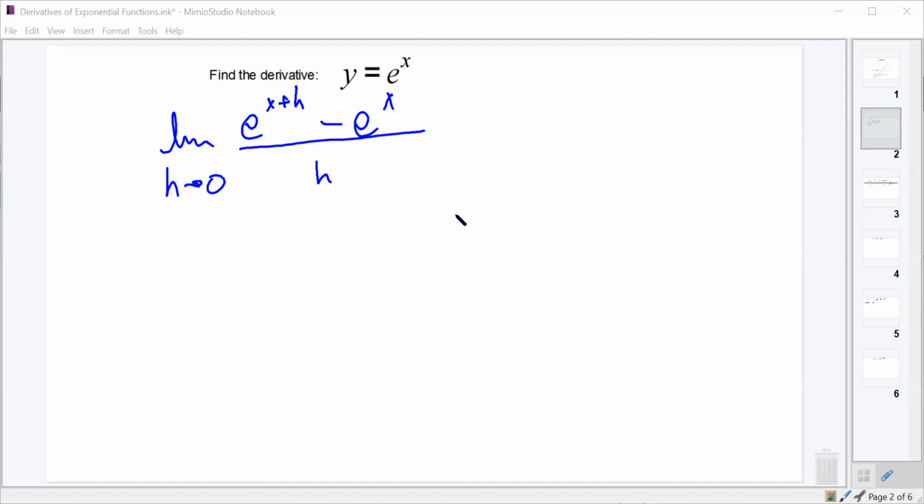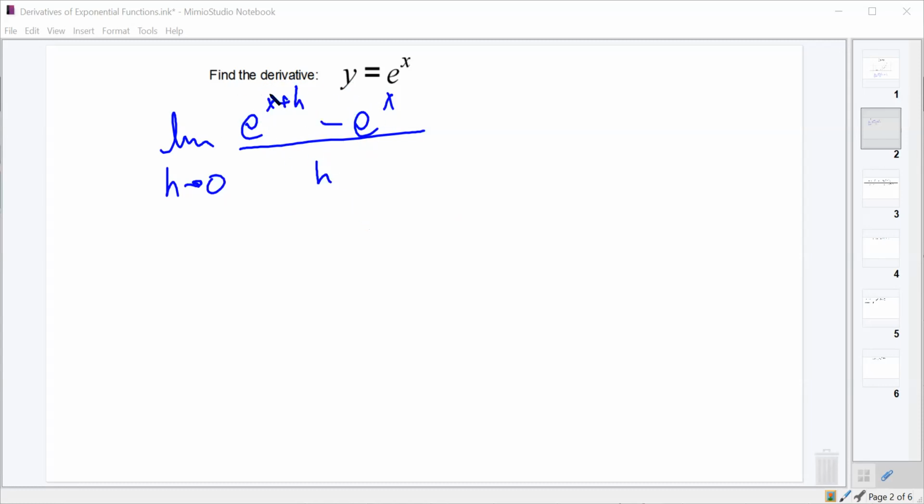Is that helpful at all? No, because this is a very small number on the top, but this is also a very, very small number on the bottom. So the question is, which one of these things is getting smaller more quickly, or do they get as small as each other at the same rate?